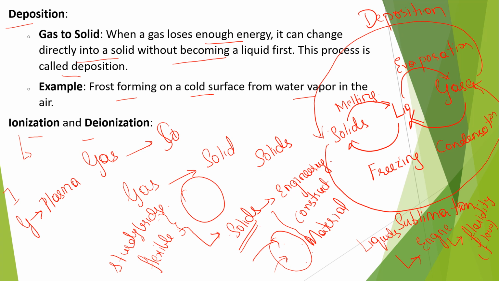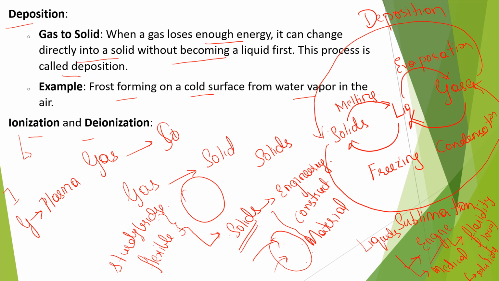And in the medical field, there are so many solutions prepared, so for all these, you will have to take into account the properties of liquids. Okay, now this is enough as far as the states of matter topic is concerned.